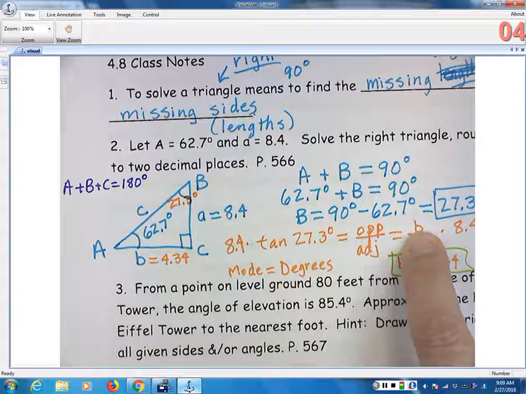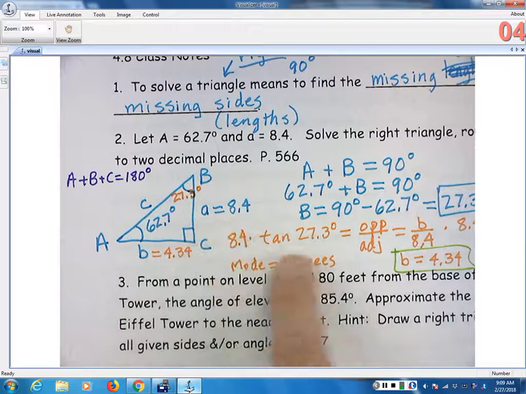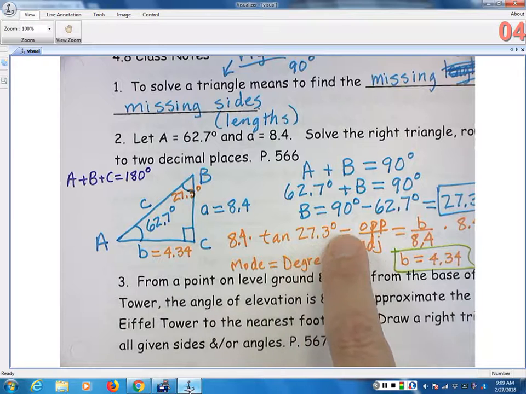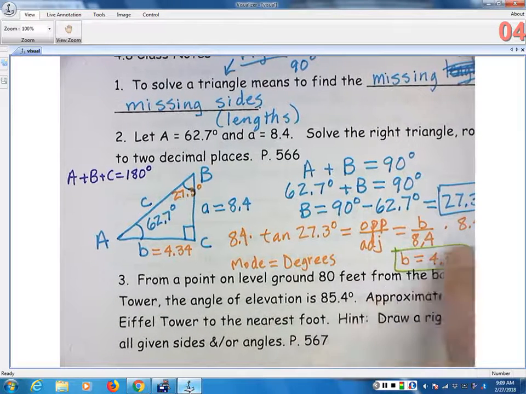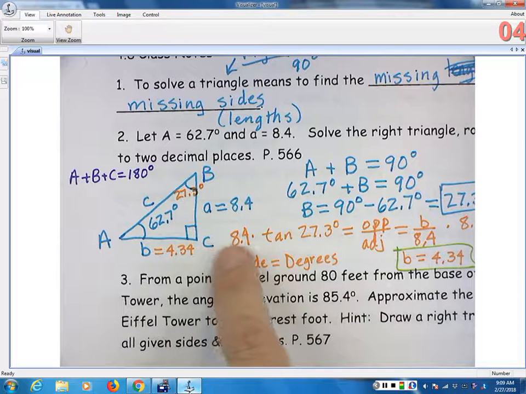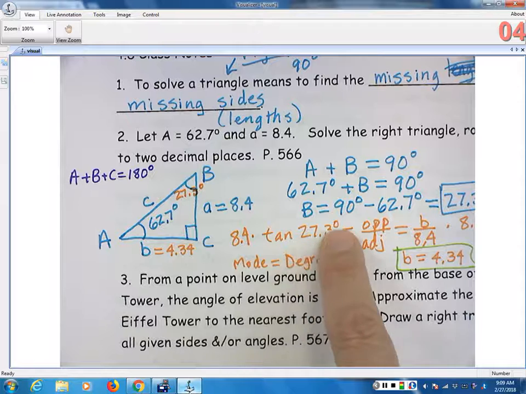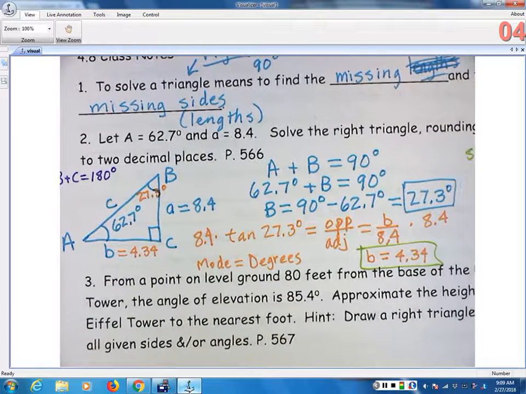So I said, if I take the tangent of 27.3 degrees, that's opposite over adjacent. Tangent of 27.3 degrees is b over 8.4. Multiply through by 8.4, and b is 8.4 times the tangent of 27.3 degrees. Make sure your mode's in degrees. And that's how I found b.